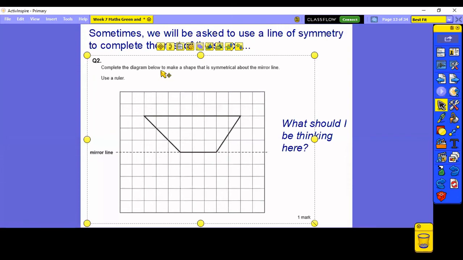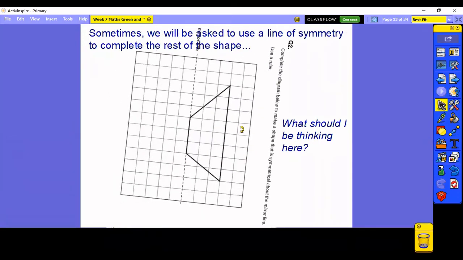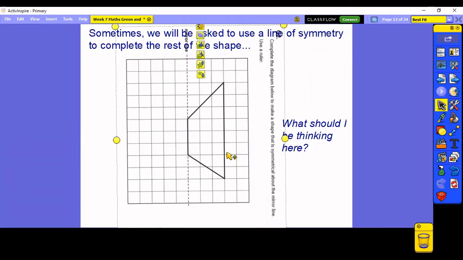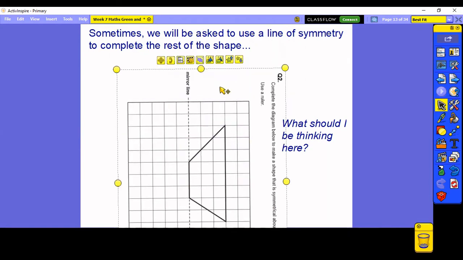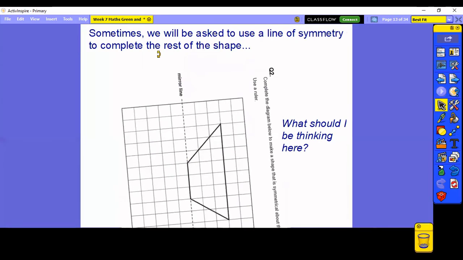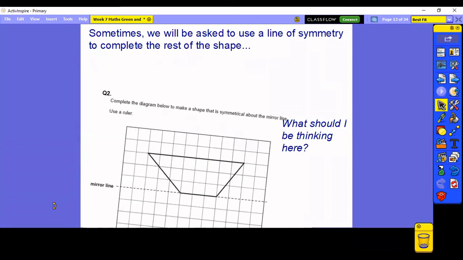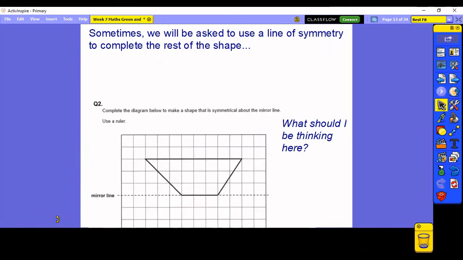So sometimes it might also be useful to turn your paper and shape and help you see it from a different angle. I know that helps quite a few of us to access problems where we find it hard to see spatially where the shape is, what the shape should look like and how it should look formed. So you might want to change the orientation of your paper and turn it round to help you.